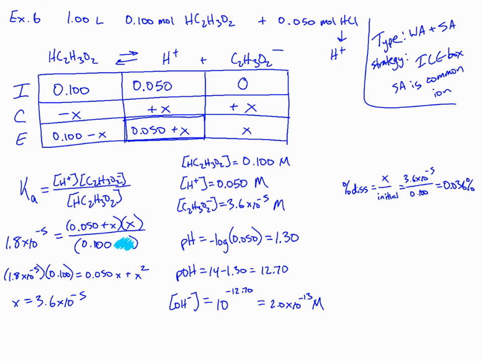If you look at example 3, we have the same concentration of the acetic acid, but we don't have any of the hydrogen or anything else, just the acetic acid. It dissolved 1.3%, and so this is much less than in pure water.